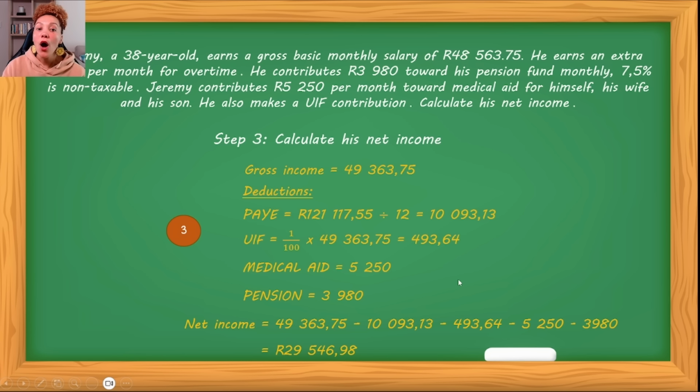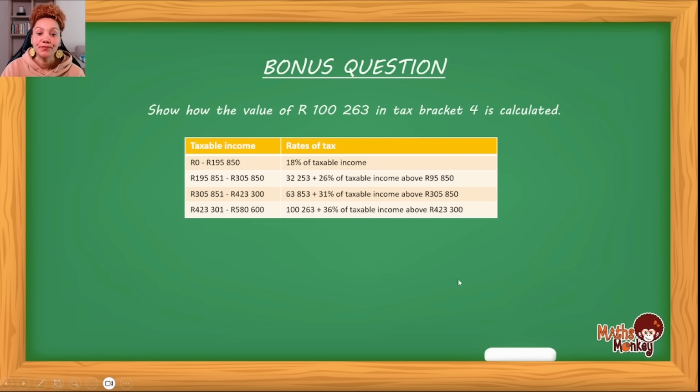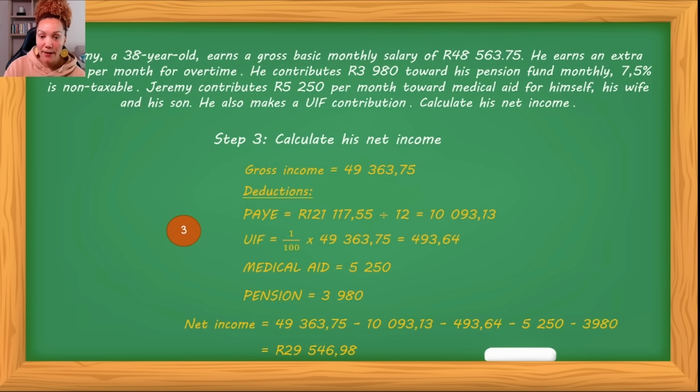Okay, so before we go on, I want you to see how these questions work. We first calculate the taxable income. That's the gross income minus the non-taxable deductions.